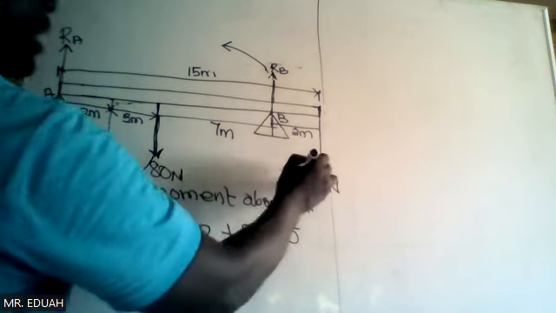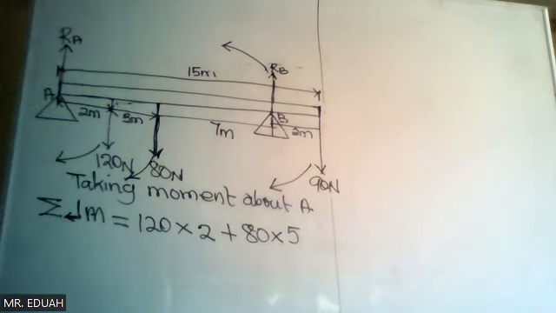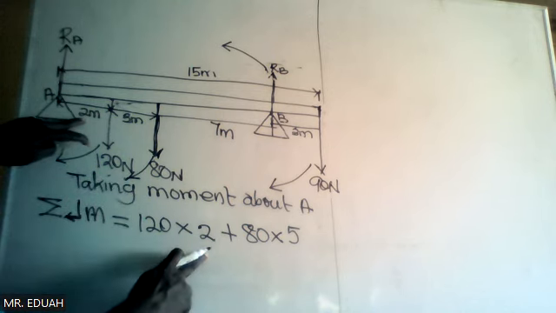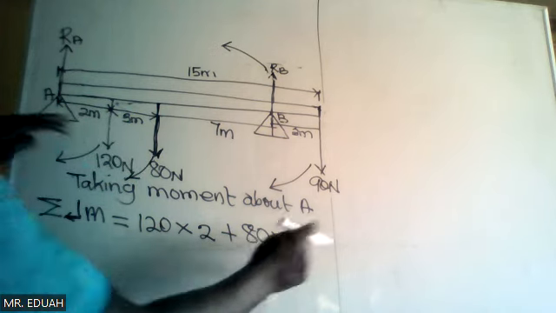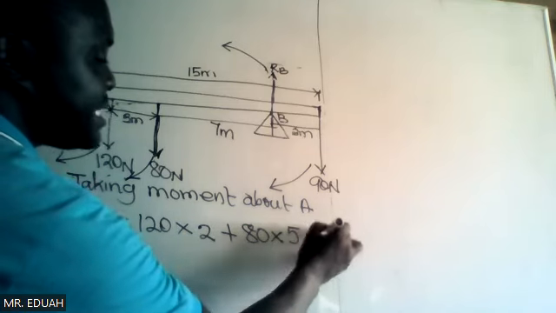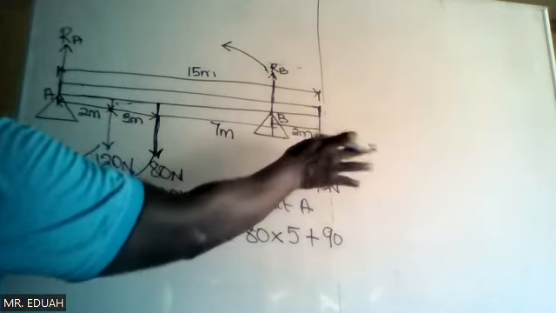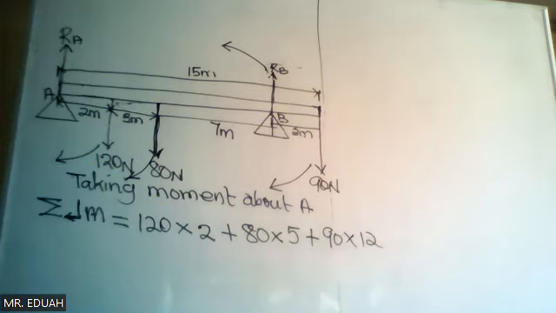This will also give us a clockwise moment since we are taking moment about A. So 120 times 2 plus 80 times 5, then plus 90 times 12. Are we okay?